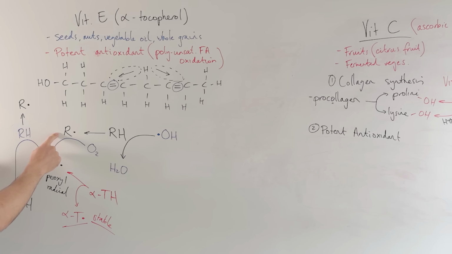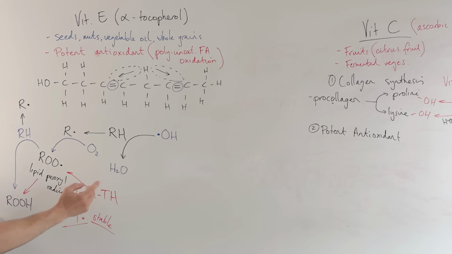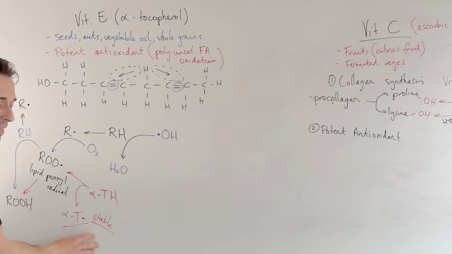It's going to try and steal more hydrogens, and that's what it does. Once oxygen comes along, it becomes a lipid peroxyl radical. It takes a normal polyunsaturated fatty acid, steals the hydrogen to become whole again, and then becomes reactive and just keeps doing it. Luckily, we've got alpha tocopherol, vitamin E, which can just hand it the hydrogen, so it doesn't need to steal it from the polyunsaturated fatty acid to make it stable. But it's ultimately just more stable, not completely stable.